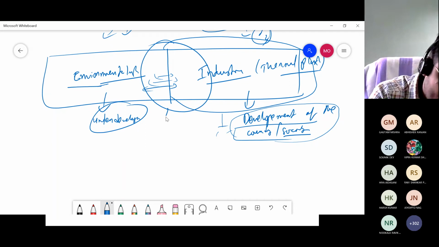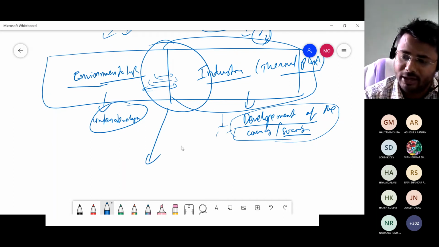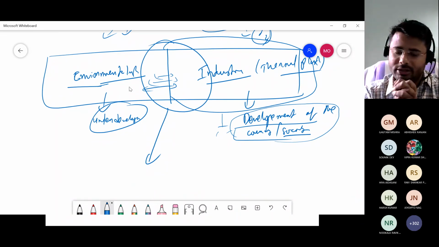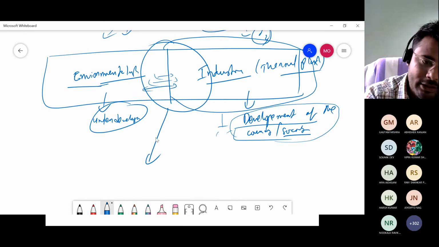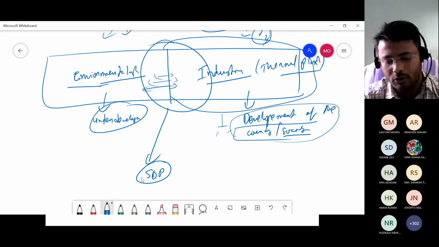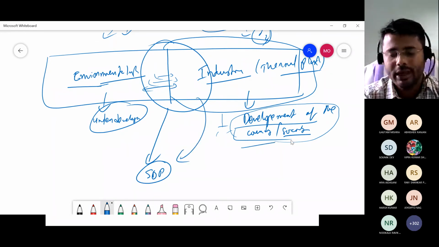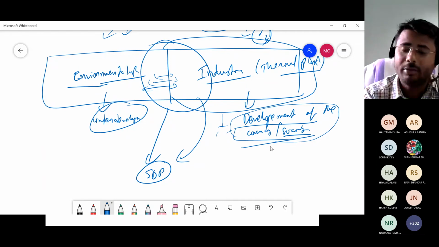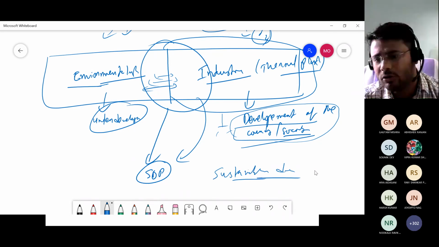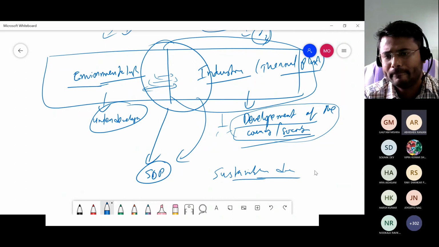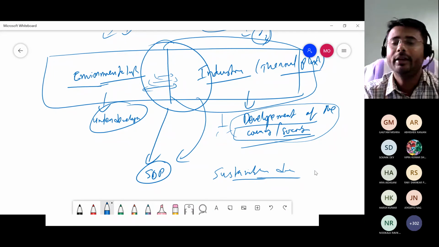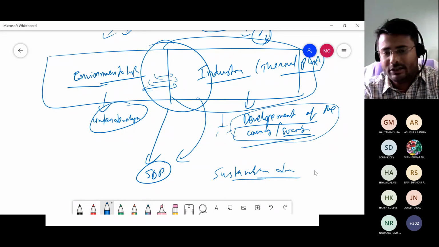So there are multiple policies which collaborate the environmentalist and the industry person. The environmentalist provides an SOP: these are the minimum norms which you have to follow, and the industry has to follow that. This collaboration is known as sustainable development. Understood? Yes, sir. So thereby we talk about BS6 norms as of today.